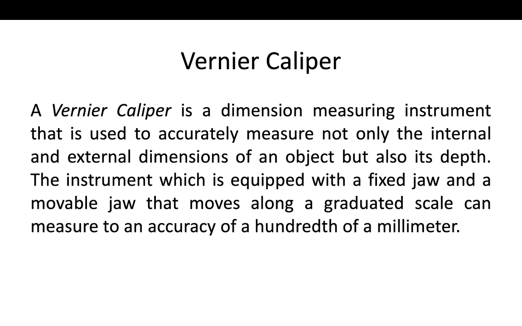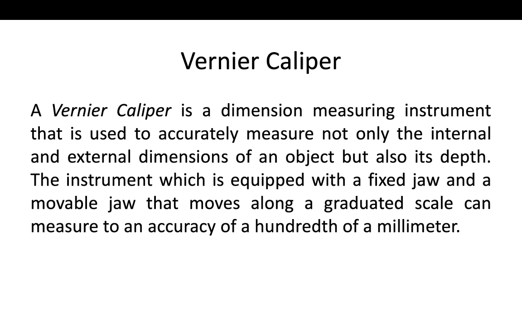What is a Vernier caliper? We know that a Vernier caliper is a measuring instrument for dimensions, for measuring the depth of an object, and measuring the external or internal dimensions of objects with its jaws.